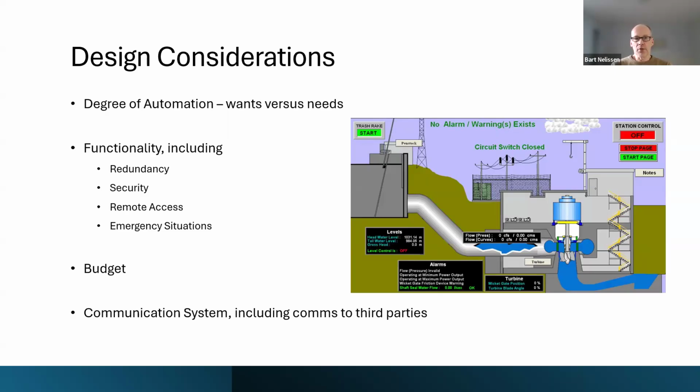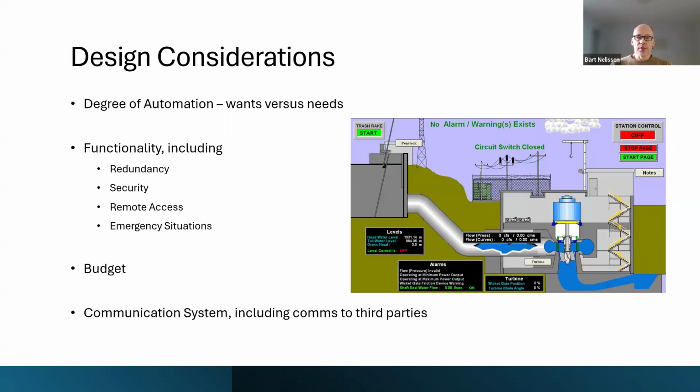We have to make sure that our SCADA systems are as secure as possible, especially when we start talking about using communication infrastructure such as the internet or cellular, which therefore has to be architected and planned to be secure. It can be done, but it needs a little bit of planning.